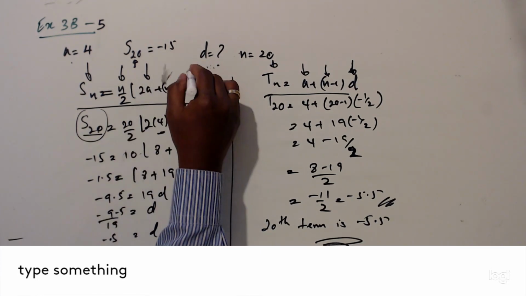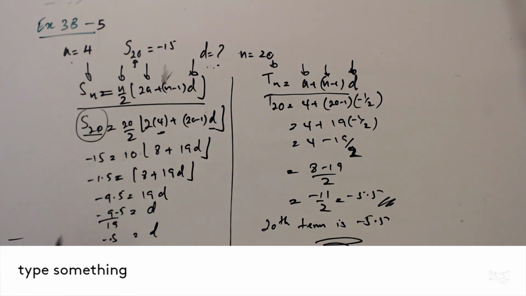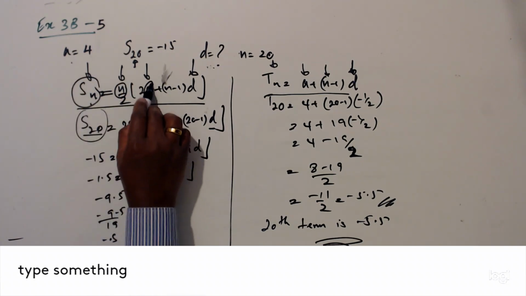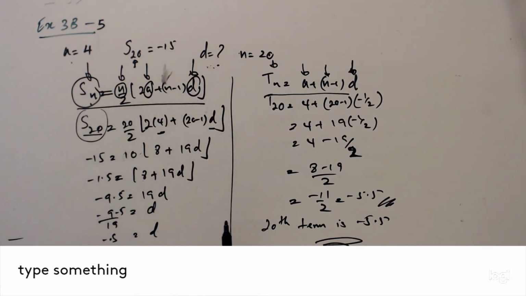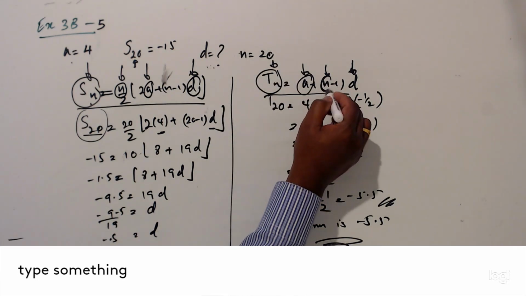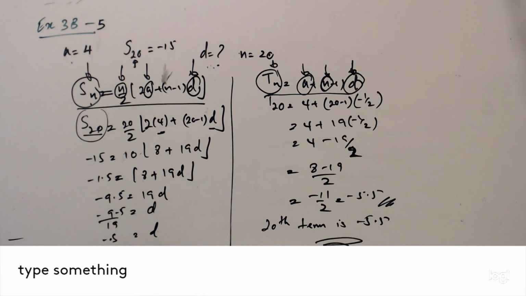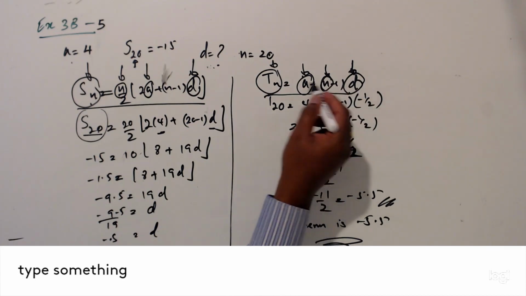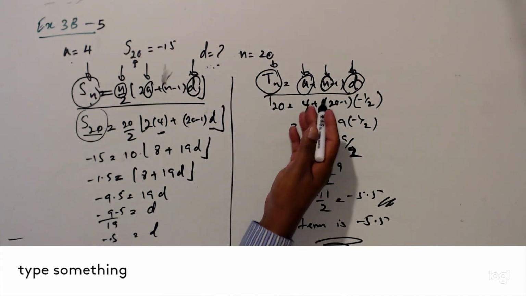The fourth one is this one: Sn, then n, then a, then d. And here also Tn, a, n, d. In this type of sum, they will give three data, a equal, n equal, d equal, and you find this one, or any other three.